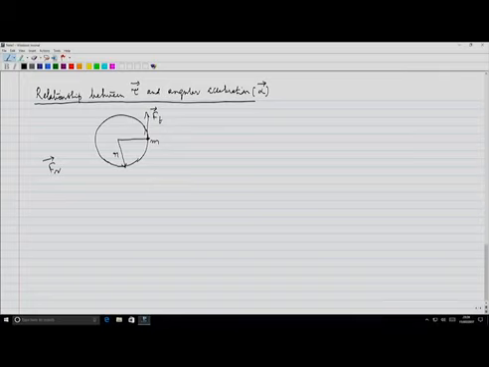And so the tangential force gives rise to tangential acceleration. The tangential force F_t, the magnitude, is equal to mass times tangential acceleration. So the torque about the origin due to the force F_t acts on this particle.